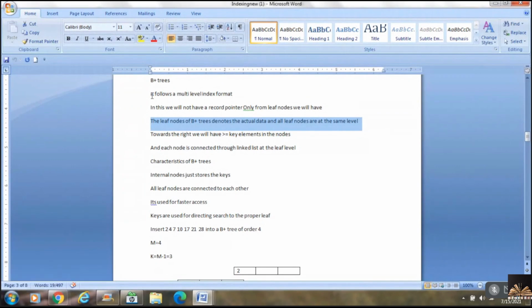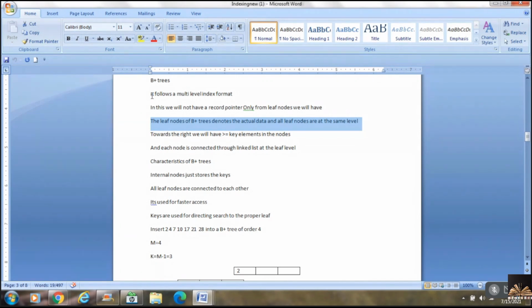So, what is the introduction? I'll just brief you again. It follows the concept of multi-level index format. You can have n number of levels. And in this, the intermediate node, which might be at the middle or at the top, would be only a record pointer. It will not exactly have the data.